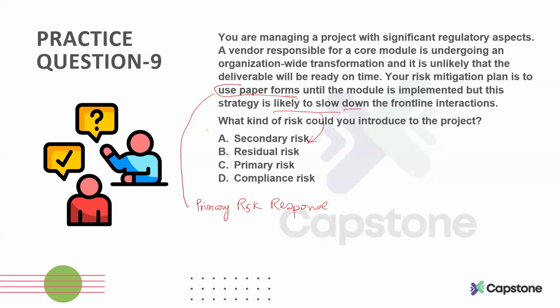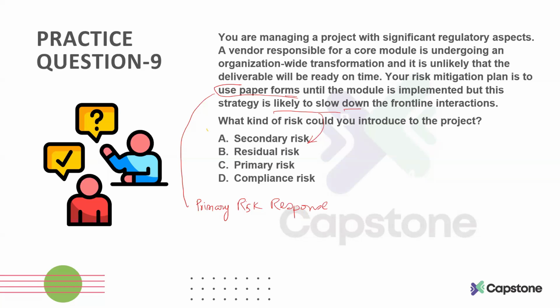So that risk that can happen when you implement your primary risk response, we call that a secondary risk. So this scenario is highlighting that you have a secondary risk.